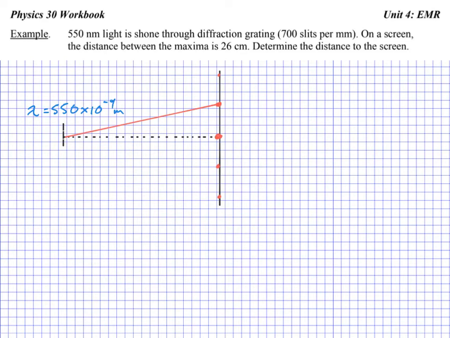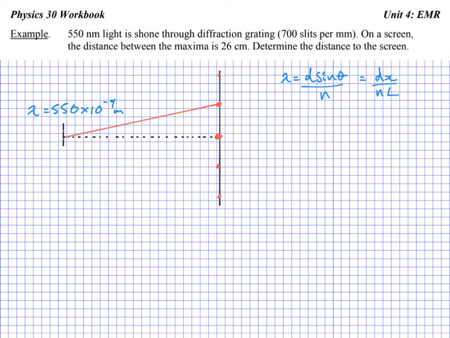If we're going to be solving this question, we're going to be using our formulas from our data sheet, which is either d sine theta equals n lambda, where n is how far it is away from the central maxima, or the dx over n lambda, which is our small angle approximation.